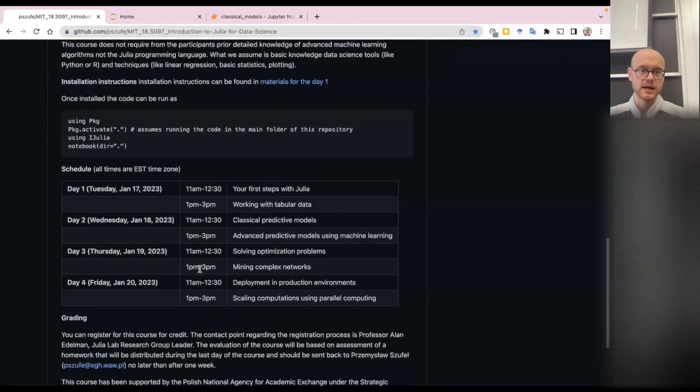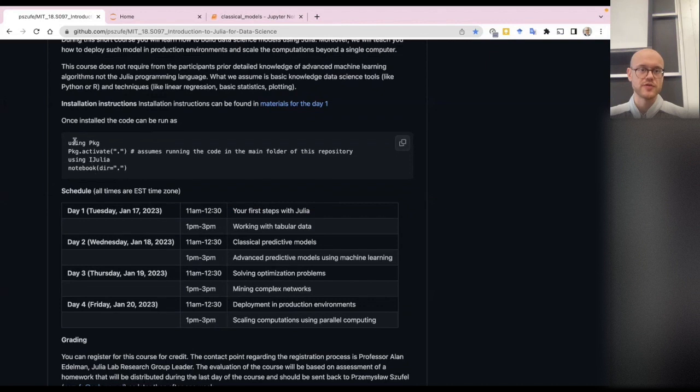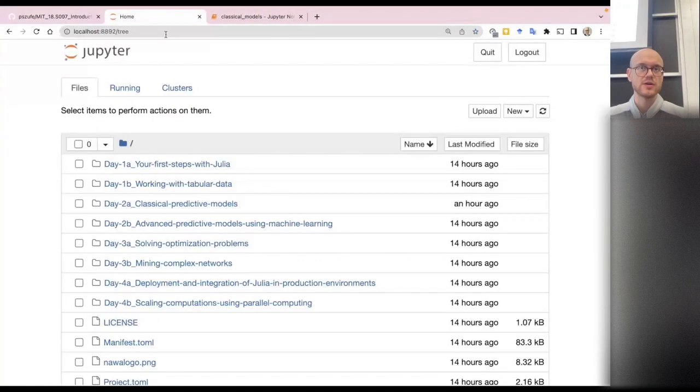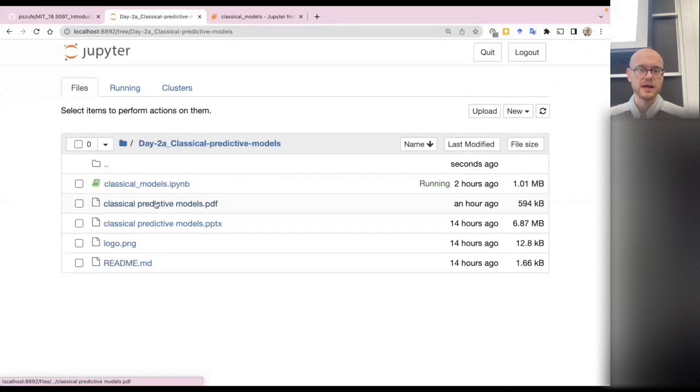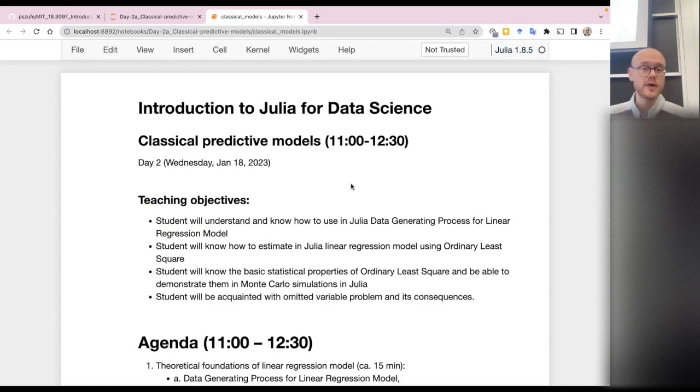After making the copy of the repository and running Julia, you should run this code snippet, and then the Jupyter notebook will be opened. By going to the folder for the second day, you can click on the notebook called Classical Models. So this is where I am right now.